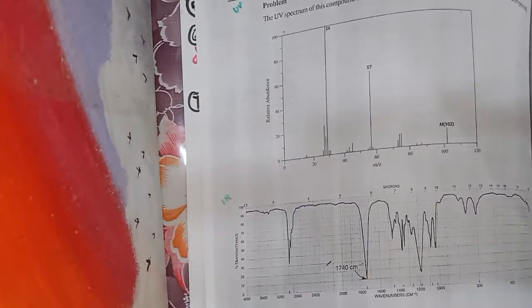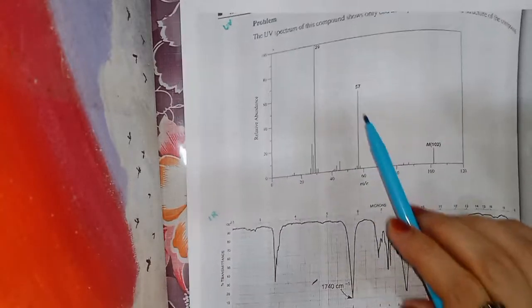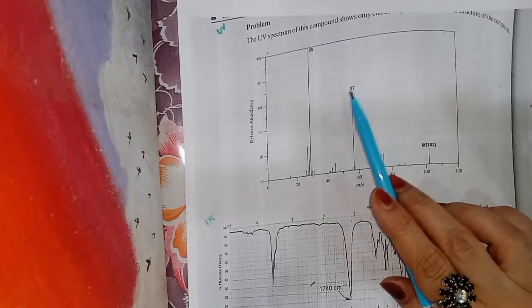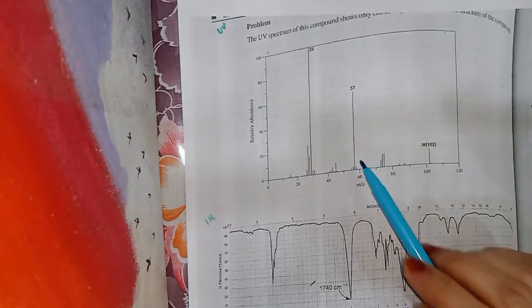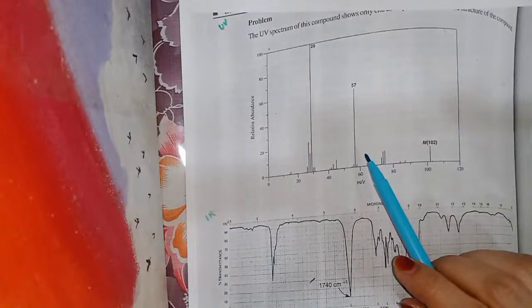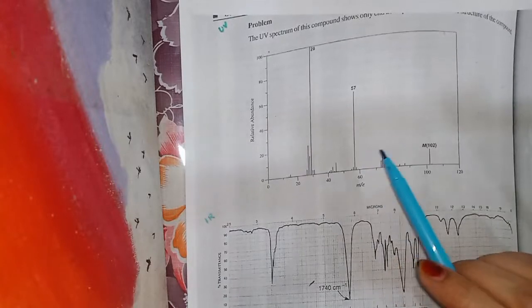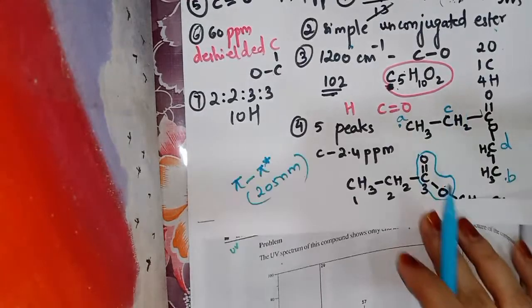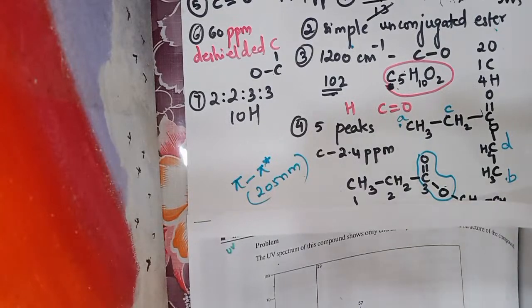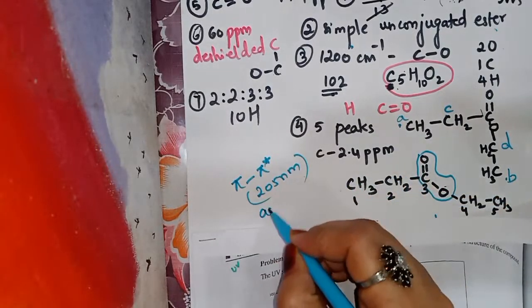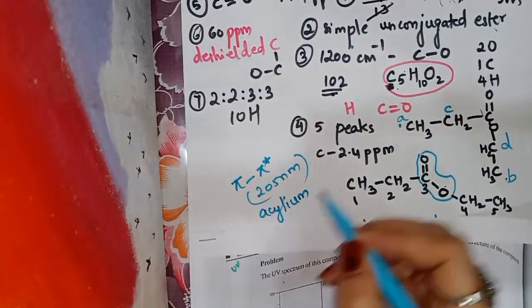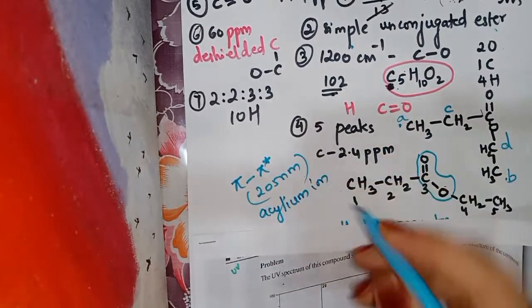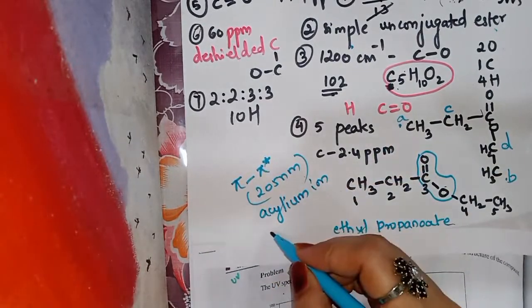So we come to the mass spectrum. It shows a strong peak at 57 mass units. Over here, 57, which results from an alpha cleavage of an alkoxy group to yield an acylium ion. What is an acylium ion?